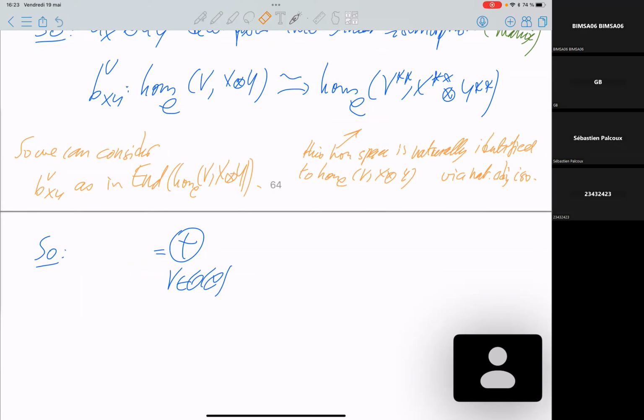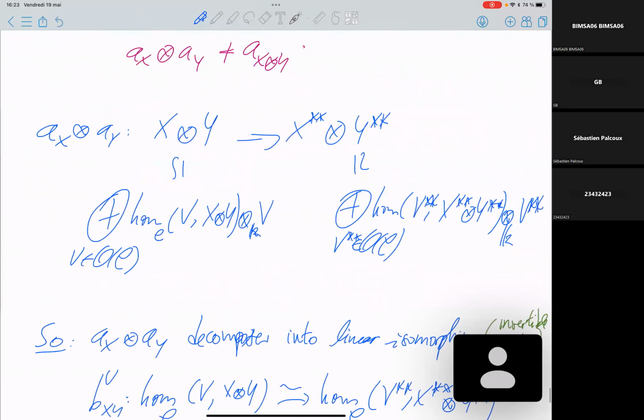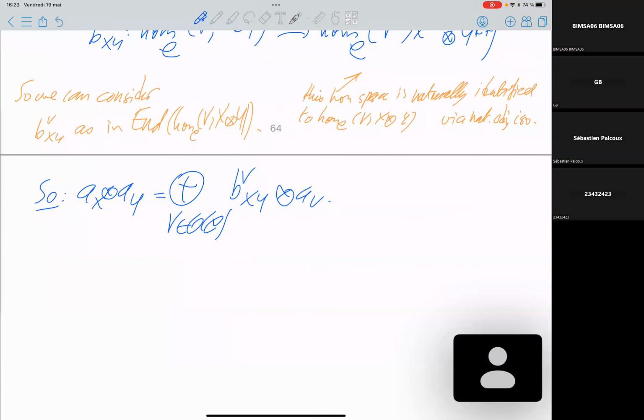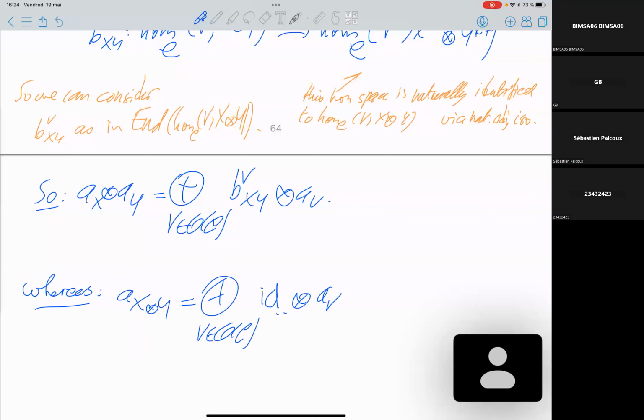So this is like that, this matrix tensor a_V. Okay. So this is the decomposition of a_X tensor a_Y. Whereas a of X tensor Y is the direct sum over V in C of identity of the space tensor a_V.